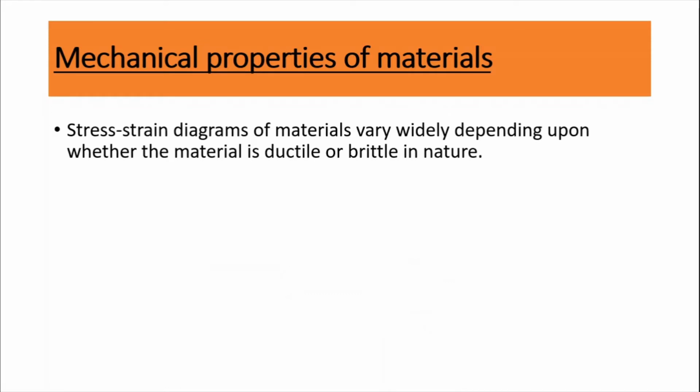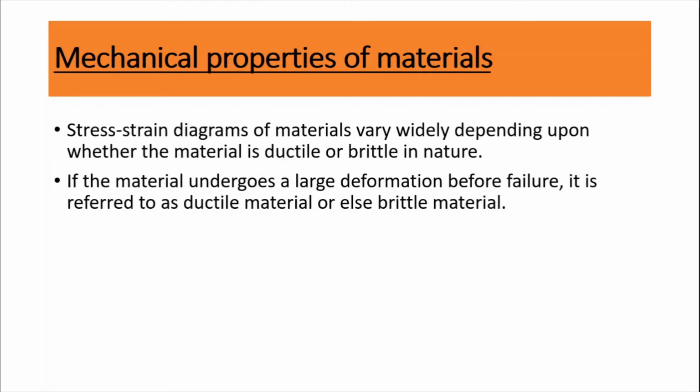Stress and strain diagrams of the materials vary widely depending upon whether the material is ductile or brittle in nature. So for different materials, the nature of the stress and strain diagram will be different. If the material undergoes a large deformation before failure, it is referred to as a ductile material, or else brittle material.